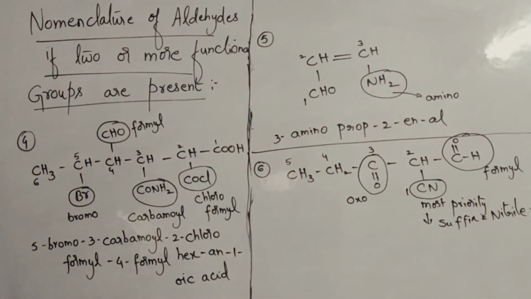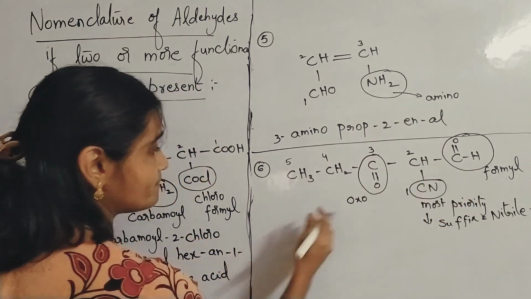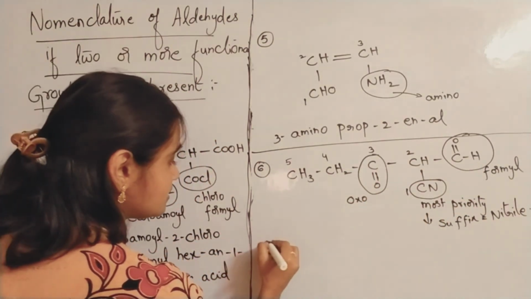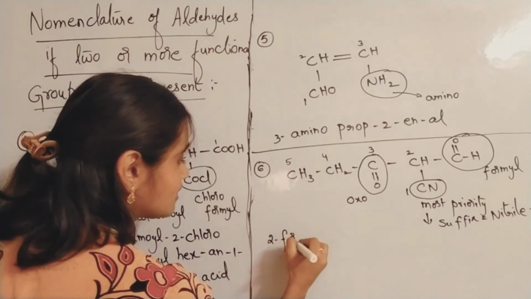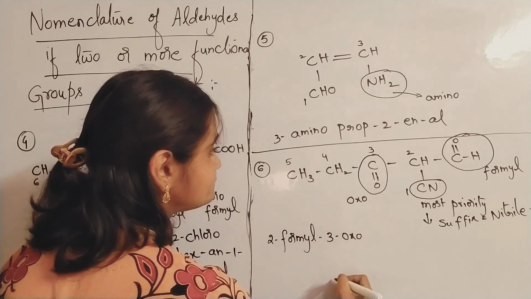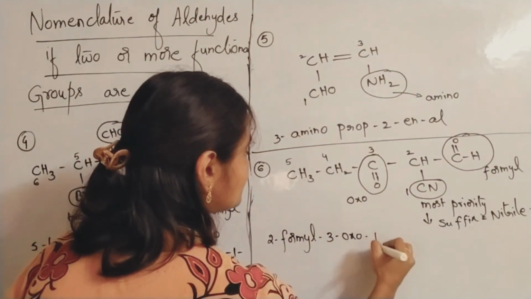Now what are the positions of the prefixes? You just check that. In the second position formyl is connected and in the third position oxo is connected. So 2-formyl, 3-oxo. Root word will be what?